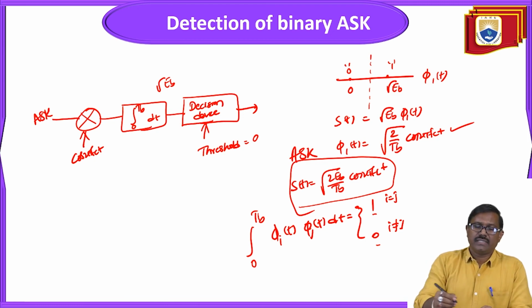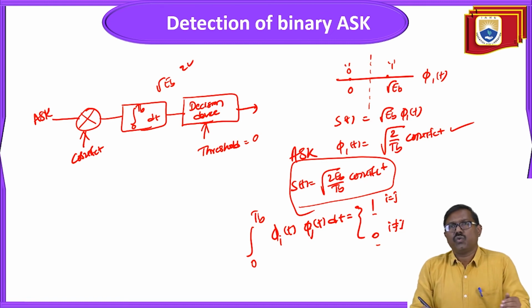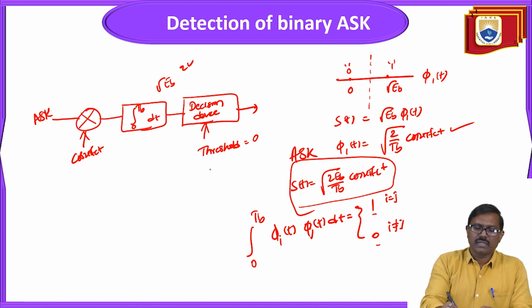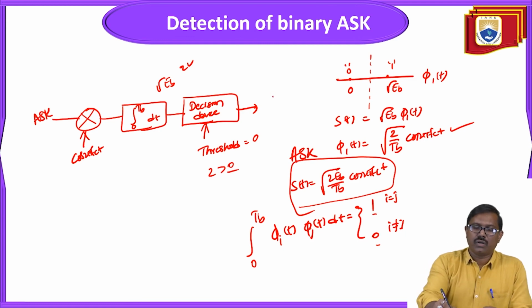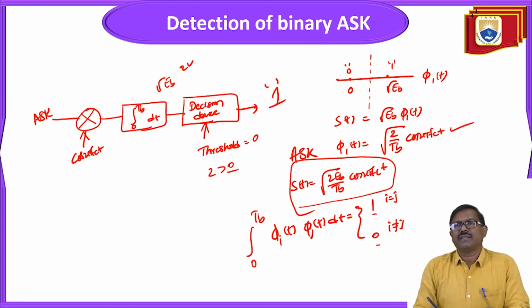Generally this root Eb is taken as 2 volts. When this 2 volt signal enters the decision making device, there is a comparison between this incoming value and the threshold value. So 2 is greater than 0, and my decision making device makes the decision in favor of symbol 1.